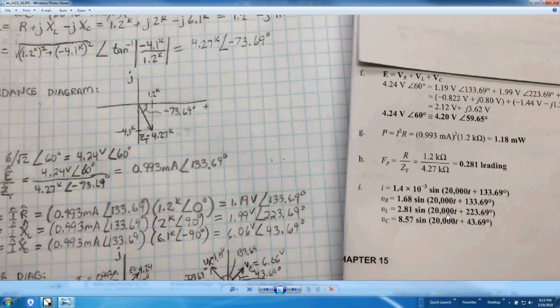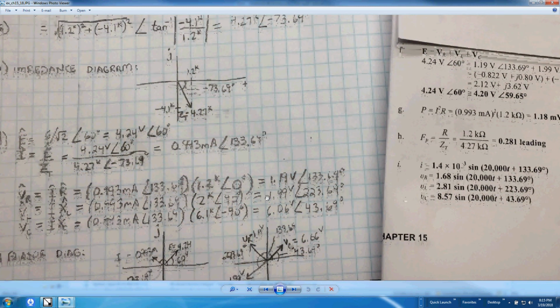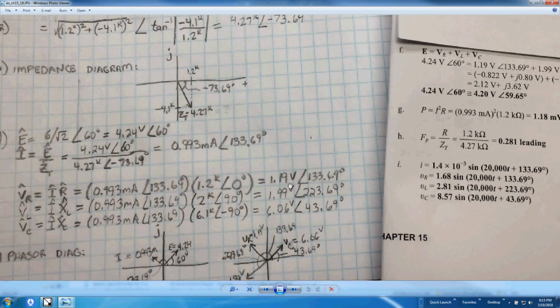And likewise, V sub R is going to be this 1.19 times the square root of 2, sine 20,000 t with its phase angle, and then V sub L will be 1.99 times the square root of 2, which is 2.81 times the sine plus its phase angle. V sub C is going to be 6.06 times the square root of 2, which is 8.57 sine omega t plus its phase angle.